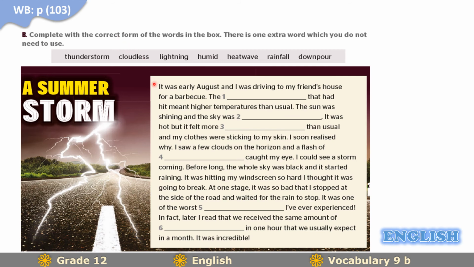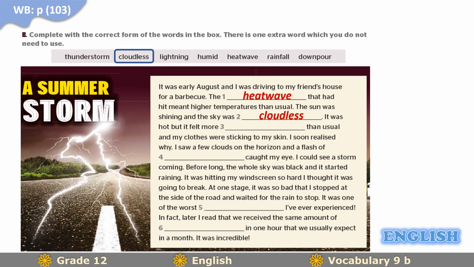All right, so let's correct. So, it was early August, and I was driving to my friend's house for a barbecue. The heat wave that had hit meant higher temperatures than usual. The sun was shining, and the sky was cloudless. It was hot, but it felt more than usual.